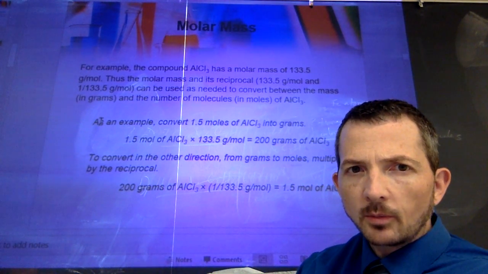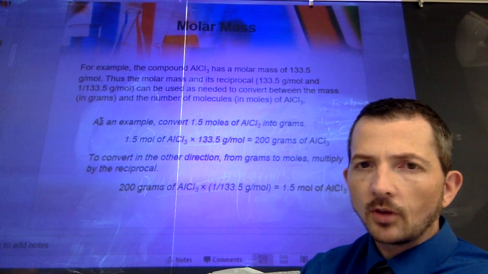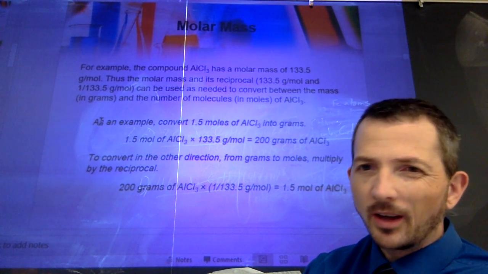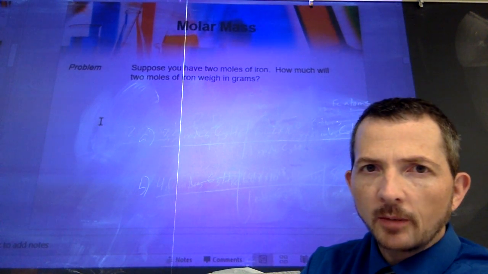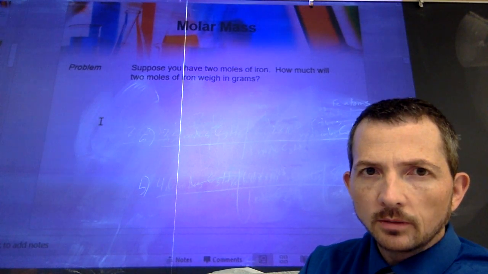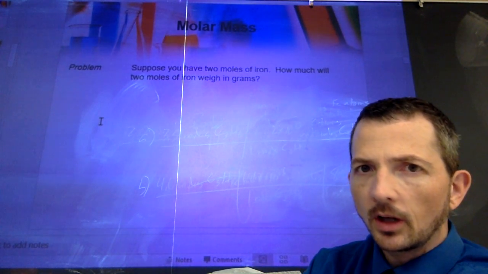So let's go ahead and look at some problems to convert grams into moles, because we'll be doing a lot of this in stoichiometry. It says, suppose you have 2 moles of iron. How much will 2 moles of iron weigh in grams?